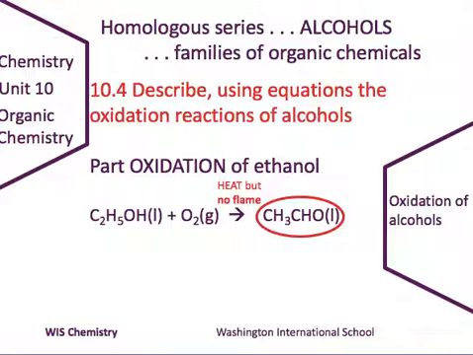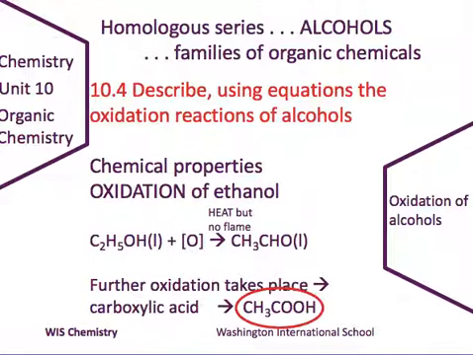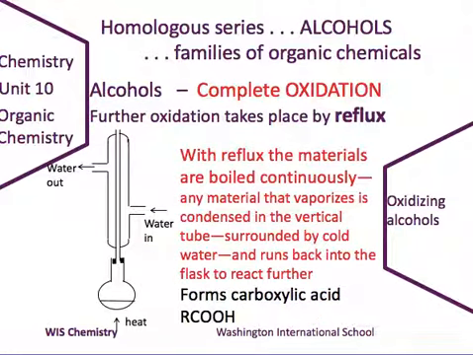This one here is ethanal, but with further oxidation you will get a carboxylic acid functional group, COOH. The one that's written here is ethanoic acid. Now this reaction, again heat but no flame, takes longer. So how do you keep your ethanol and the intermediate product in contact with your oxidizing agent longer? You use a reflux condenser.